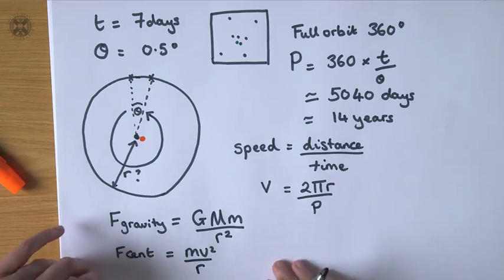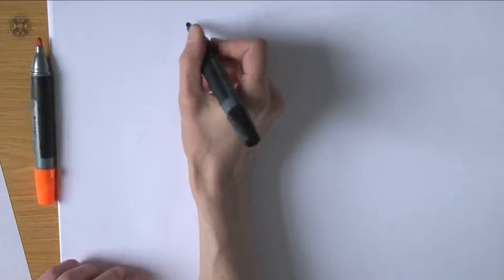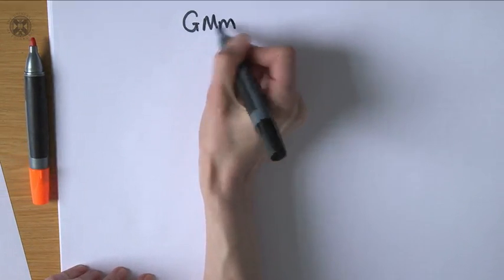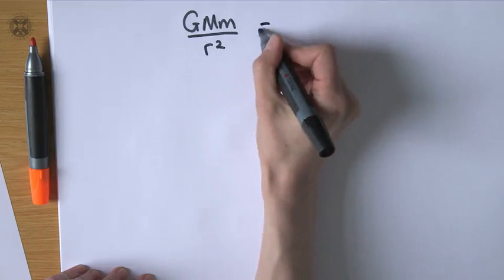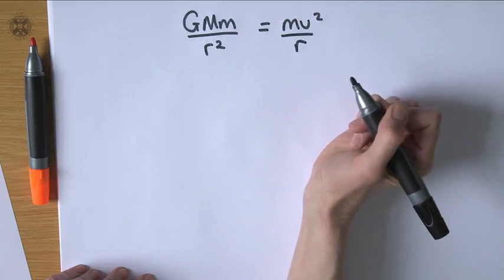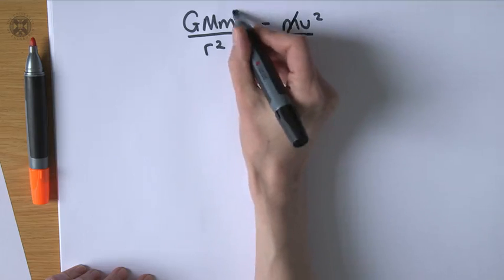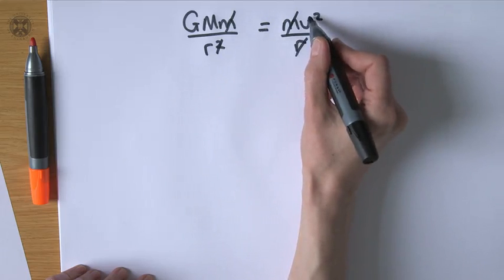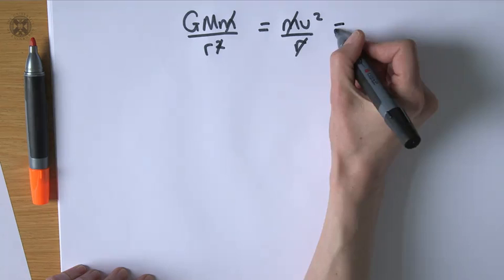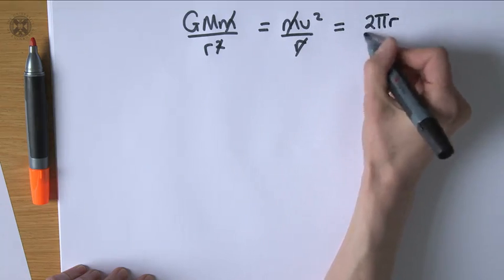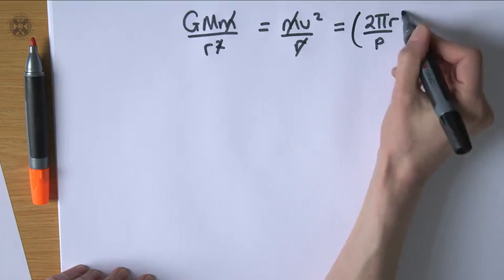But to do that, I'm going to need another piece of paper. So let's equate our force of gravity with the centripetal force. And we did this equation before when we were looking at the black holes. I can cancel out the mass of the asteroid. I can cancel out one of these r's. And so I've got v squared here, the speed squared, and I'm going to put in our equation for speed, 2 pi r on P, and it's all squared.